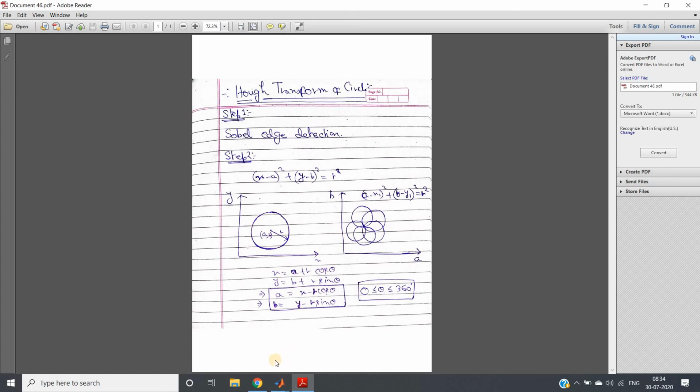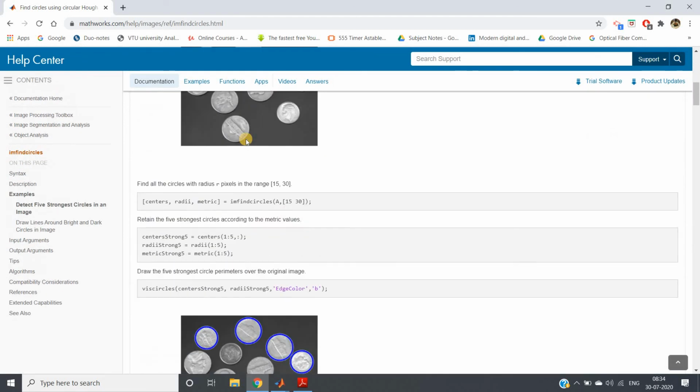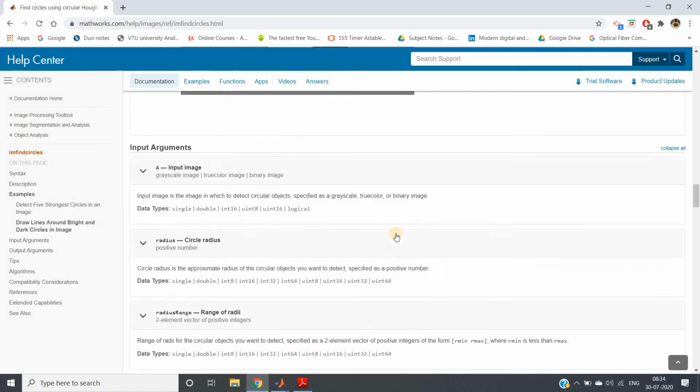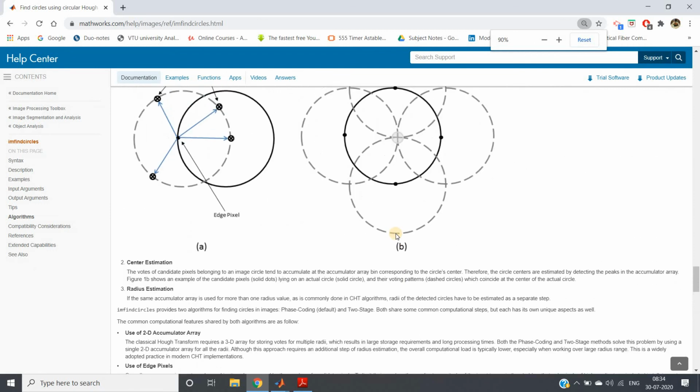What you can do for the time being, after getting the feeling of the algorithm working behind circle detection, is go to the MathWorks documentation and read the inbuilt function imfindcircles. It finds circles using the Hough transform. Go directly to the bottom of the page, and here you will find the same thing that I have discussed.